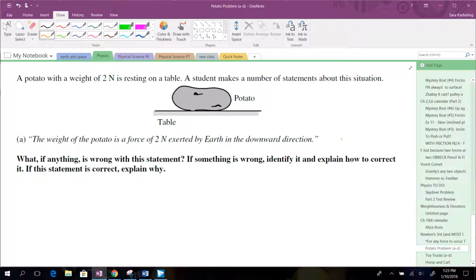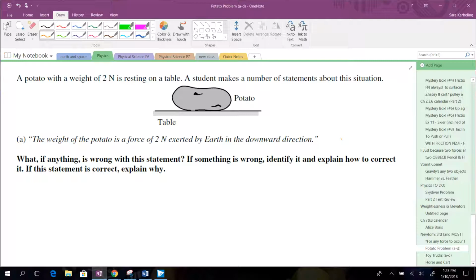Oh, okay, yeah, that makes sense. Then it'd be false, but I thought it was just that the earth is exerting 2 newtons of force. That was the case of true, but in your case was false.